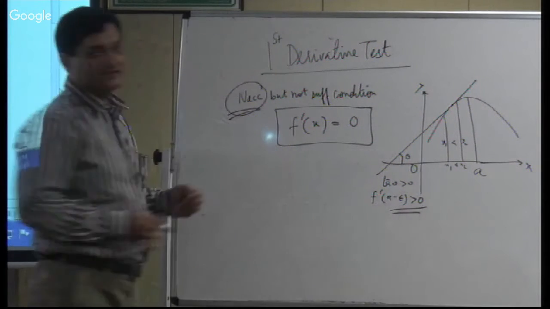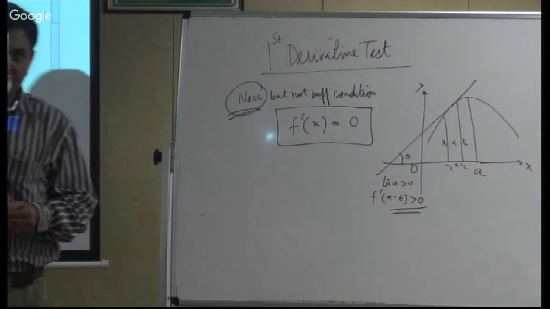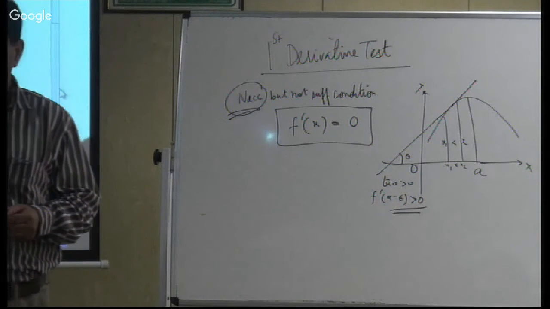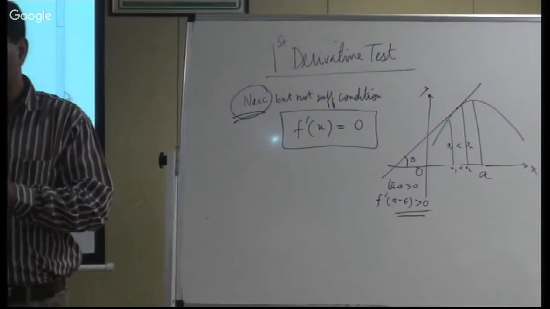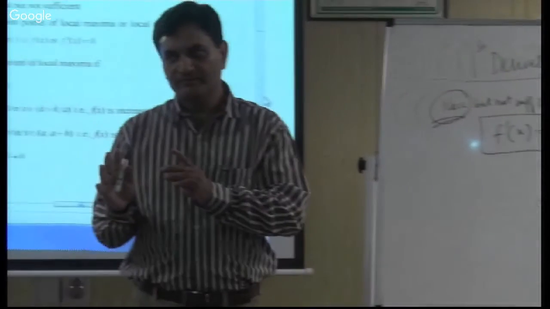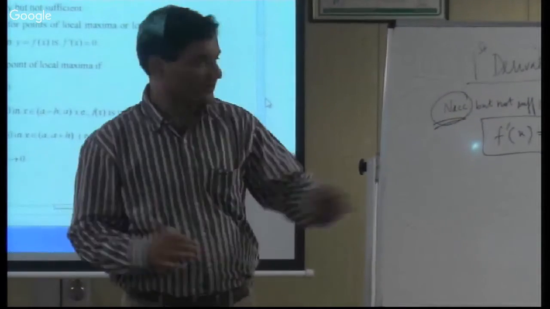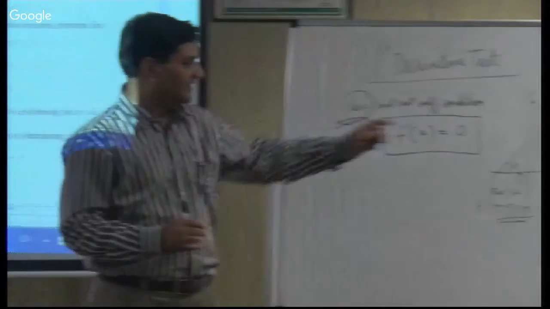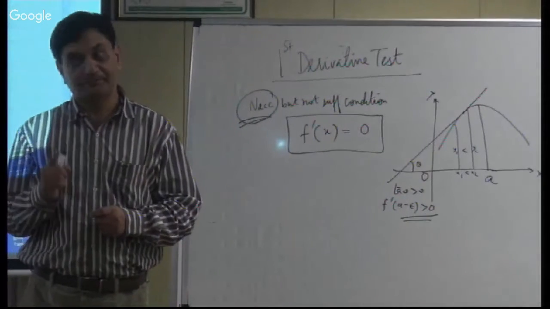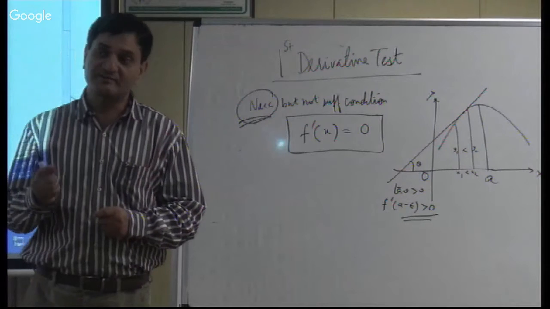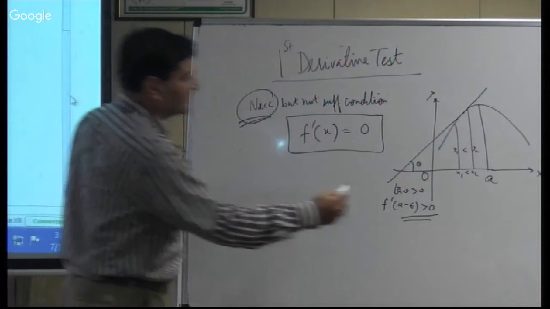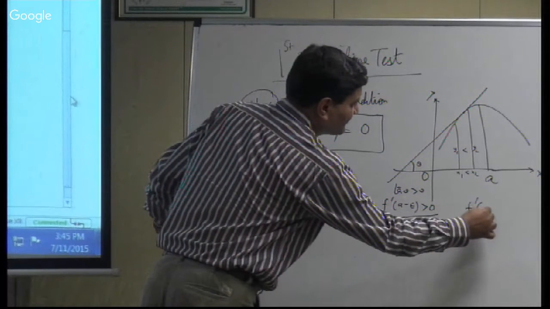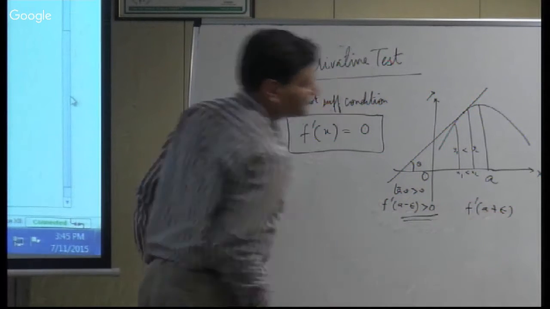So this is the reason when we use the first derivative test, x equal to a is a point of local maxima. At that particular point, the derivative, if it exists, should be 0, because the curvature will change. On the left of it, the derivative will be positive, which means the function will increase. And on the right hand side, see how we write f dash of a plus epsilon.